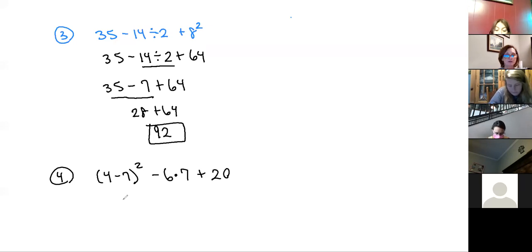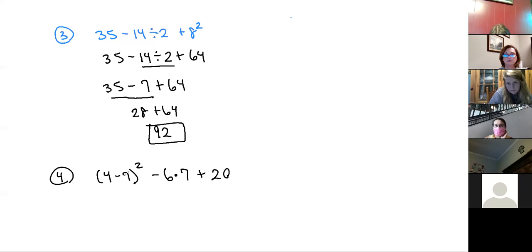But very good. 6 times 7, would you carry that negative over? It would be 9 minus 42? You'd still subtract it, but would it be 9 minus 42 plus 20? Yes. And then you'd subtract 9 and 42. So that would give you a -33, right? Very good. It will.